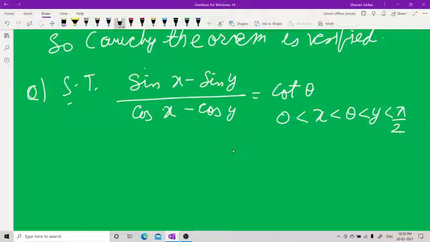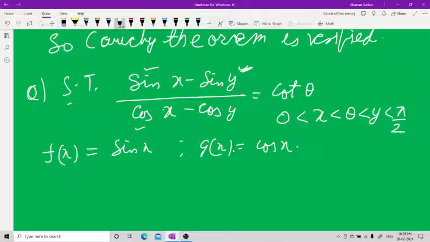Now there are two functions, sine and cos. So take two functions, sine and cos, so Cauchy theorem will be used. Take f(x) as sin x, since it is on the top, sin is on the top, take f(x) as this, take g(x) as cos x.